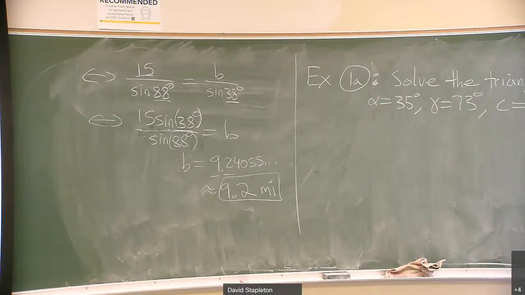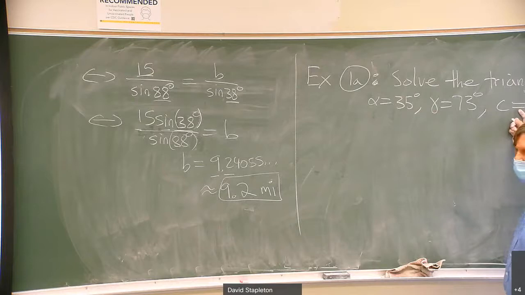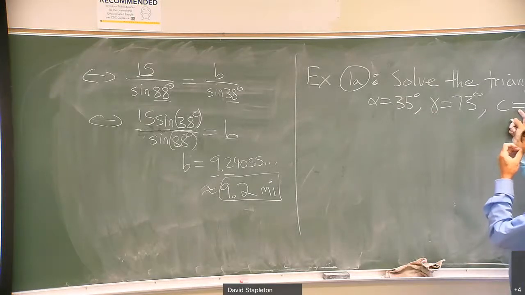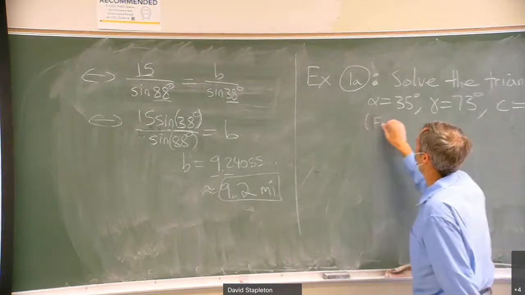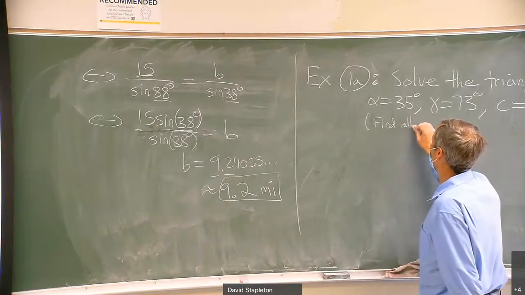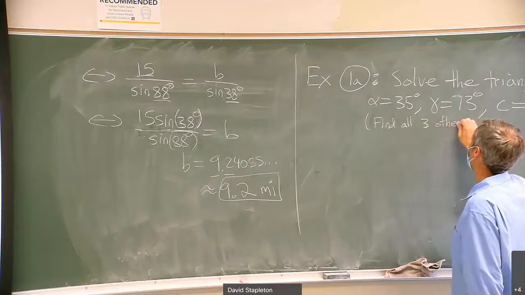What does solve the triangle mean? It means find all angles and all sides. And what we'll always do in here is give you 3 measures because that's the minimum needed to solve it. Since there's 3 angles and 3 sides, you have 3 more things to solve for. So the object here means find all 3 other measurements, angles and sides.